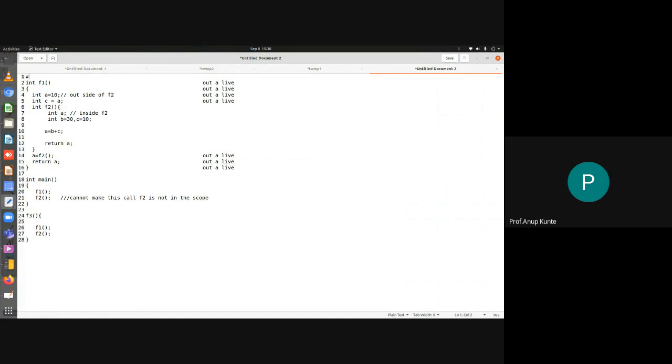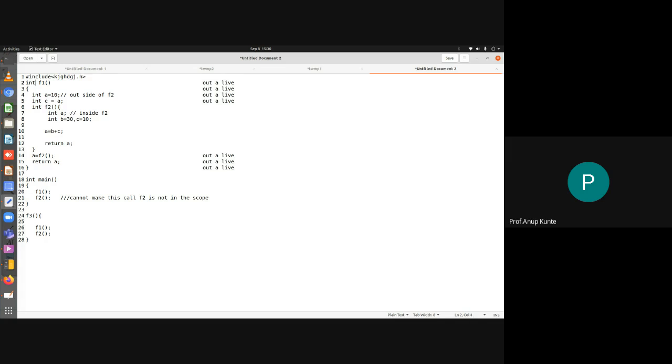Whenever I write hash include in here and I include something, I don't know what I am including, the scope or the association between this and the functions which are defined inside comes over here. Otherwise I can't use them, right? Then I can use some utility in that.